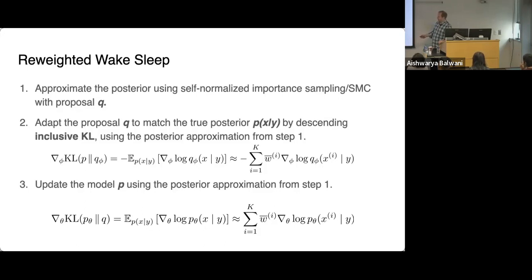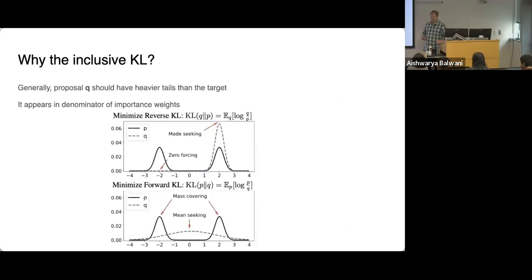Likewise, to update the model P, we can use our particles to approximate the gradient of the KL, but now with respect to the parameters of P. So run SMC, take a gradient step to minimize the KL, run SMC again, more gradient steps, and so on and so forth. Repeat until convergence.